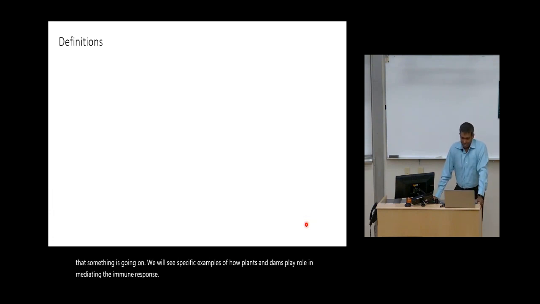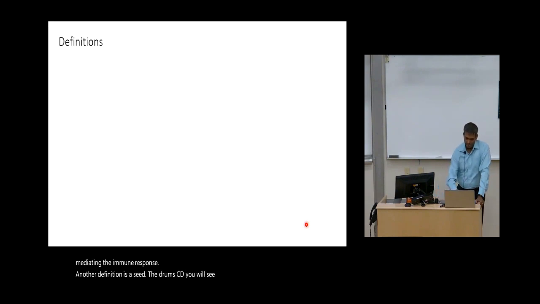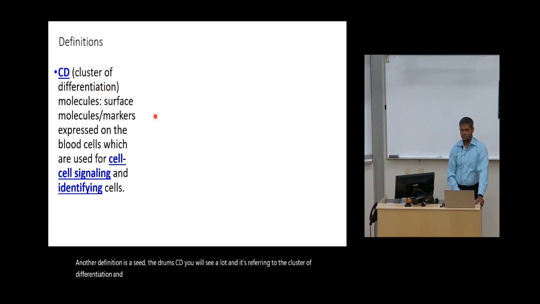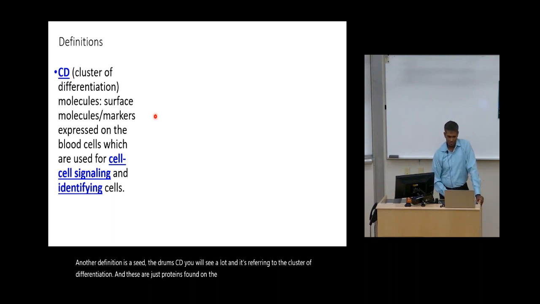Another definition is CD. The term CD you will see a lot, and it's referring to the cluster of differentiation. And these are just proteins found on the surface of immune cells, and they have a twofold function. The first function is to help identifying a given cell.